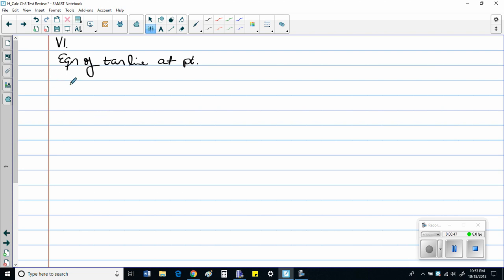Sorry. Okay, so number 1 says f of x is 4x cubed minus 5x plus 3 at x equals 1. Alright, so f prime of x, we could go look it up, or I could just do it again. 12x squared minus 5.